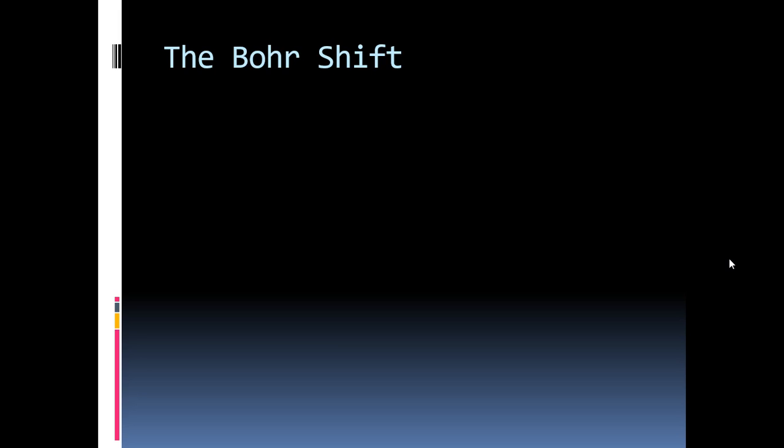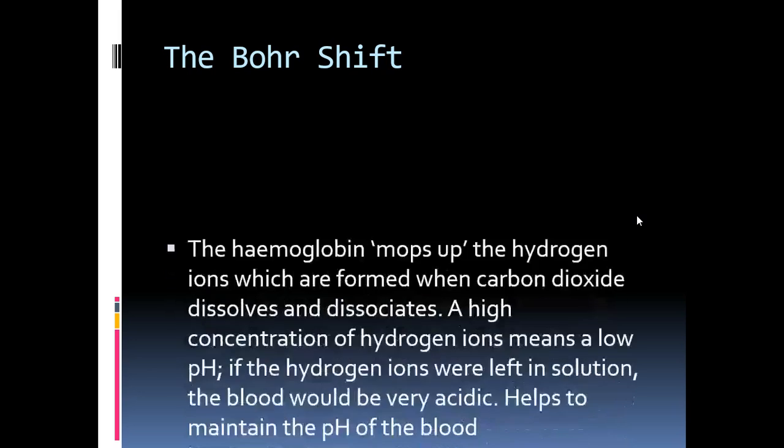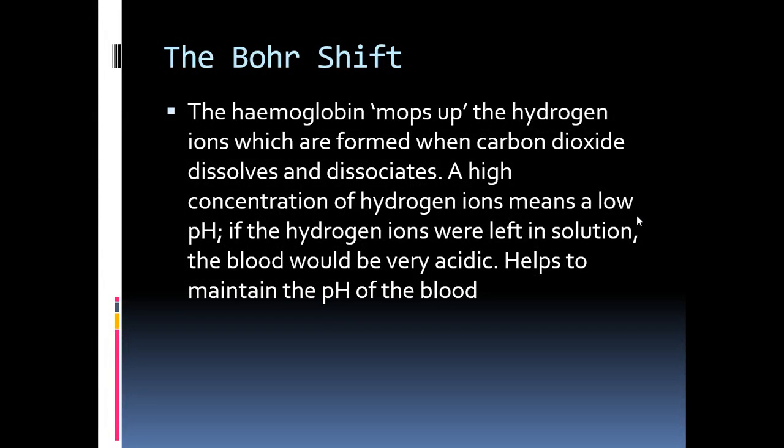So basically, hemoglobin will mop up the excess hydrogen ions that are formed when CO2 dissolves in water and dissociates, right? Because we don't want the hydrogen ions to accumulate.